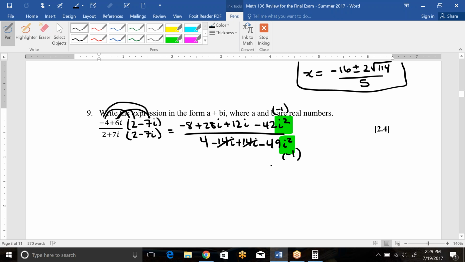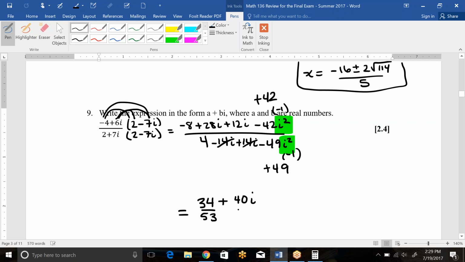This is going to be a positive 49 overall, and this one's going to be a positive 42 once you multiply those together. So let's combine what we know. Negative 8 plus 42 is 34. 28i plus 12i would be 40i. And then 4 plus 49 is 53.